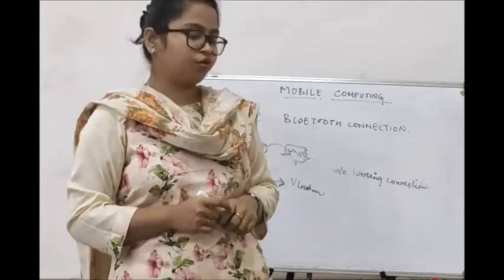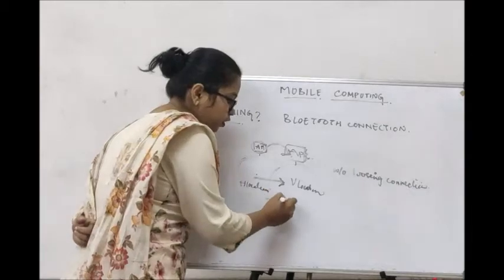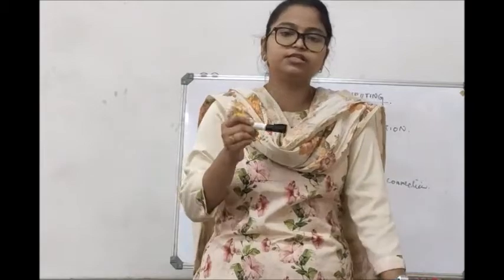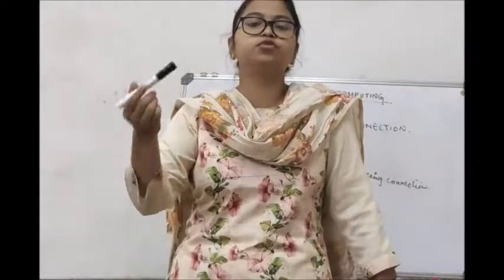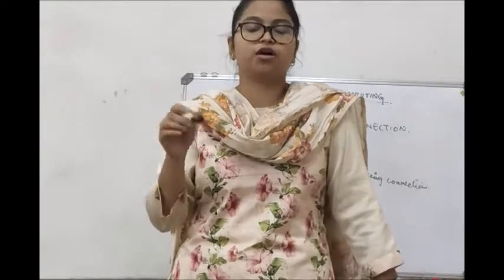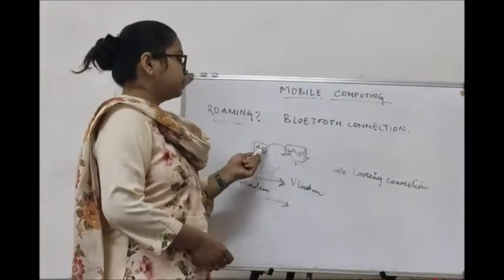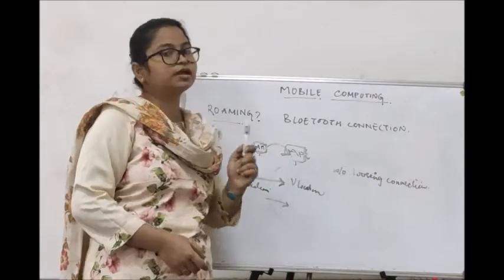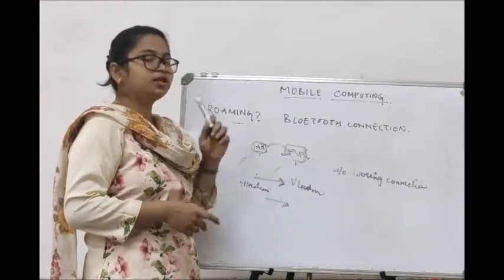This is called roaming. And when you change borders, usually from one state to another state, you may get a message like welcome to Vodafone Odisha or welcome to Vodafone Chhattisgarh. Why? Because at that time there is an exchange of messages between the two APs, and you get to know that now you are getting your service from AP2, the visitor location AP.